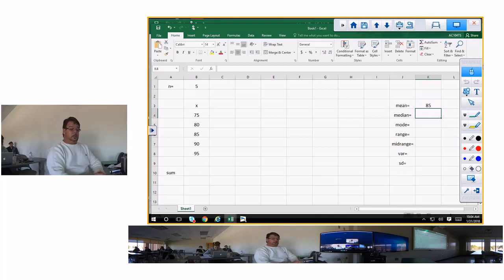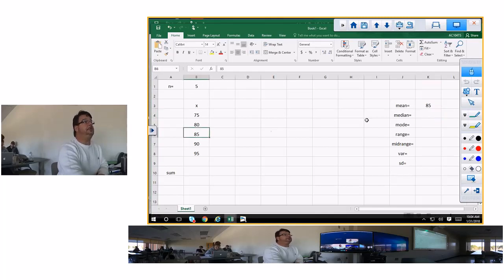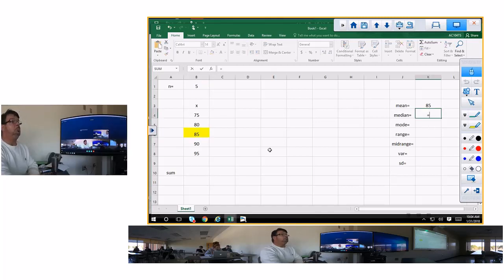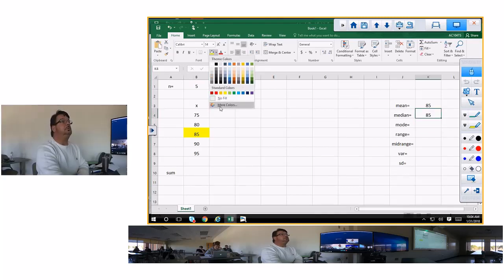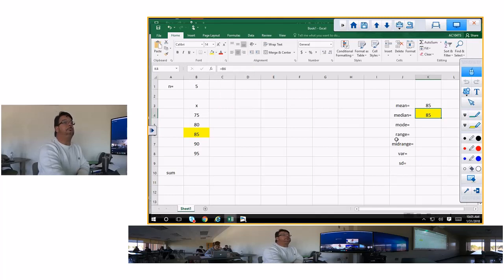Okay, median. The median is easy when n is odd. When n is odd, you just pick the middle. That's it. I highlight that because it's easy to get.